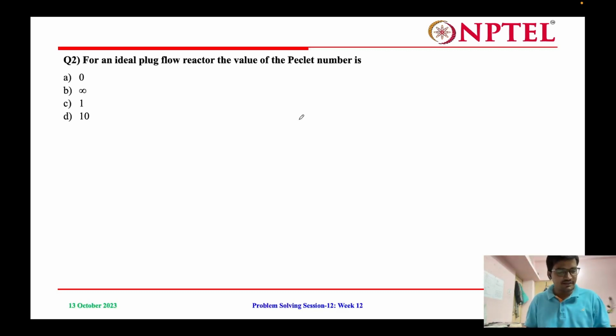Generally, the Peclet number is defined as the reciprocal of the dispersion number. For plug flow, D by UL is 0, so the Peclet number is going to become infinity for an ideal PFR.